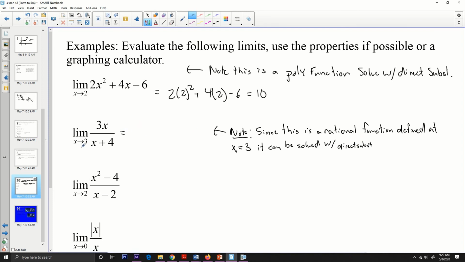And so if I plug in 3, 3 times 3 over 3 plus 4, that'll give me 9 over 7. And that is the limit.